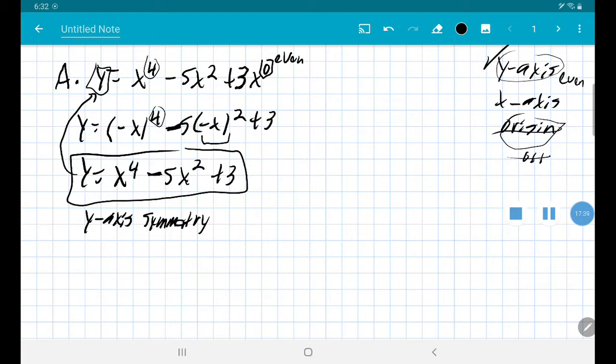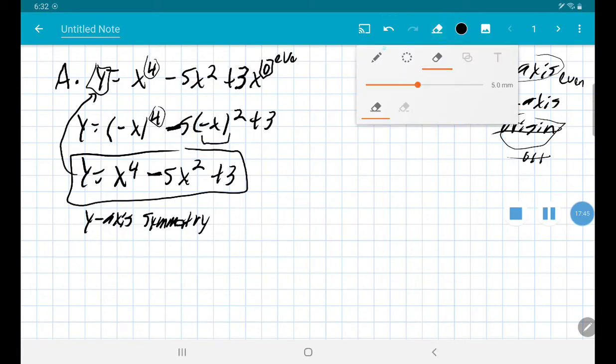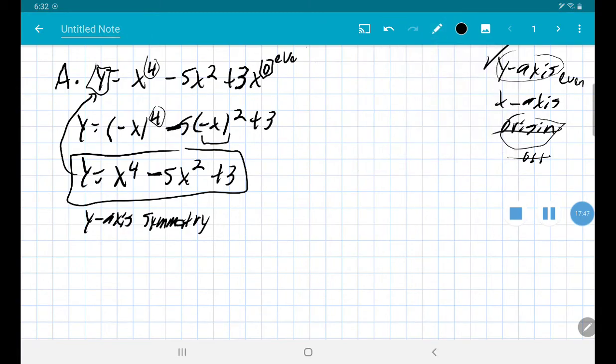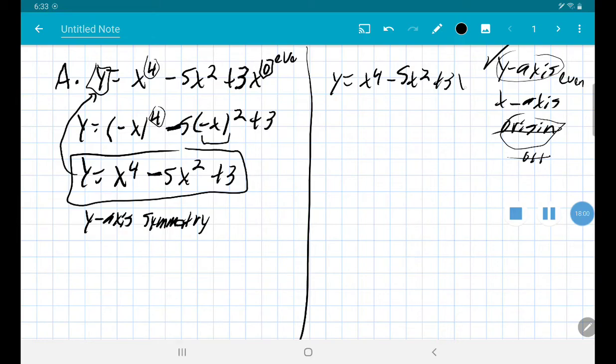Now it is possible that some equations could have more than one, so let's also test for x-axis symmetry. My original was x to the 4th minus 5x squared plus 3, or you can call it 3x to the 0 if you want.